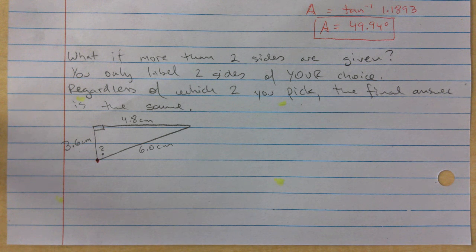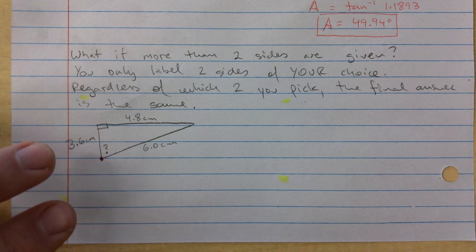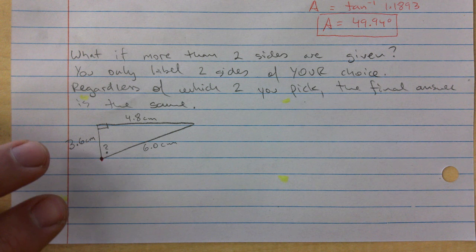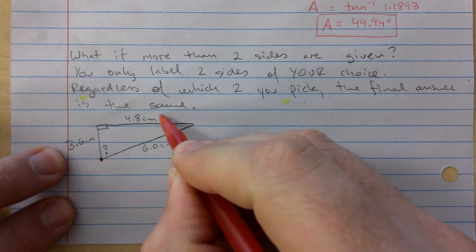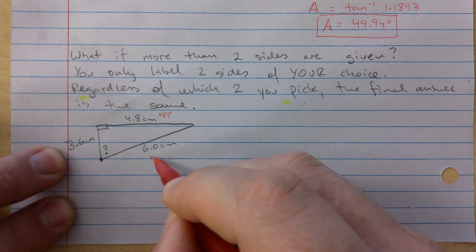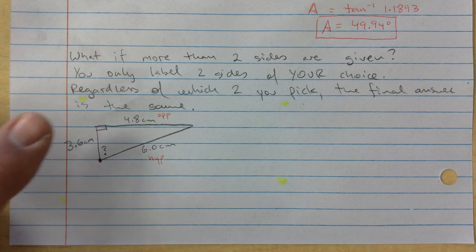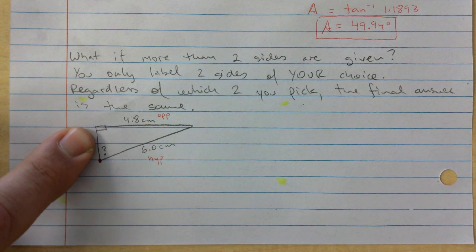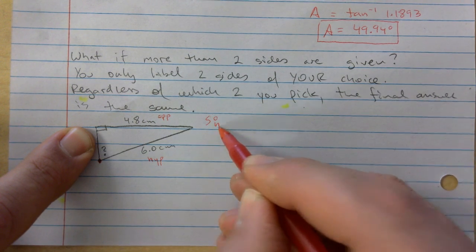All right. So this is your reference angle. You pick two sides, any two. Just make sure you label them correctly. So let's say I go across and go, this is opposite. Across the 90 is the hypotenuse. Done. So what about this third side, Mr. Dirksen? You almost want to cover it up and not worry about it. So O and H, you got to use SOH, right? It's a sine example.